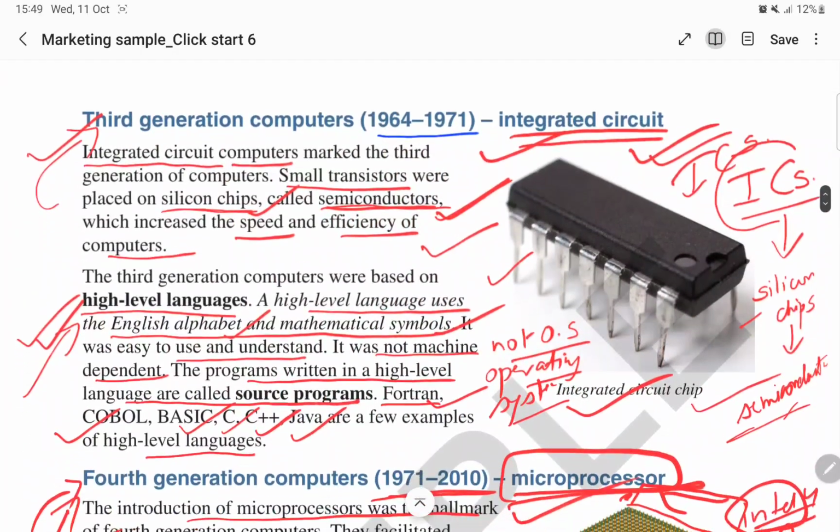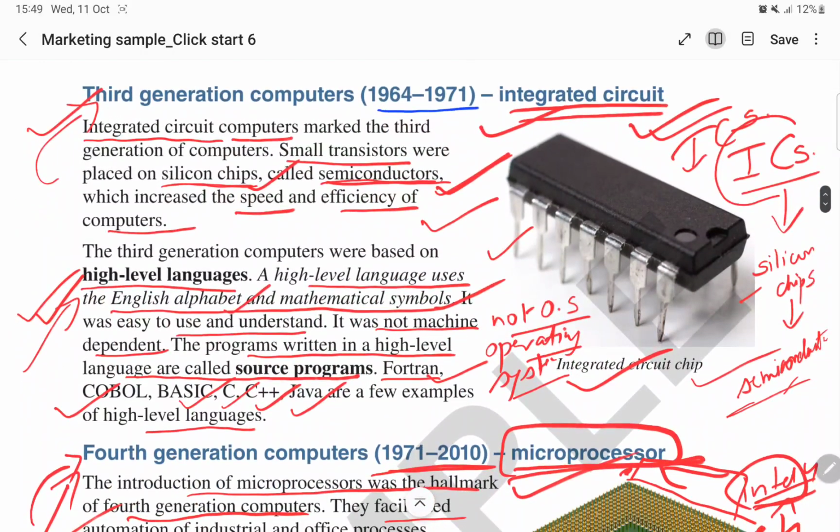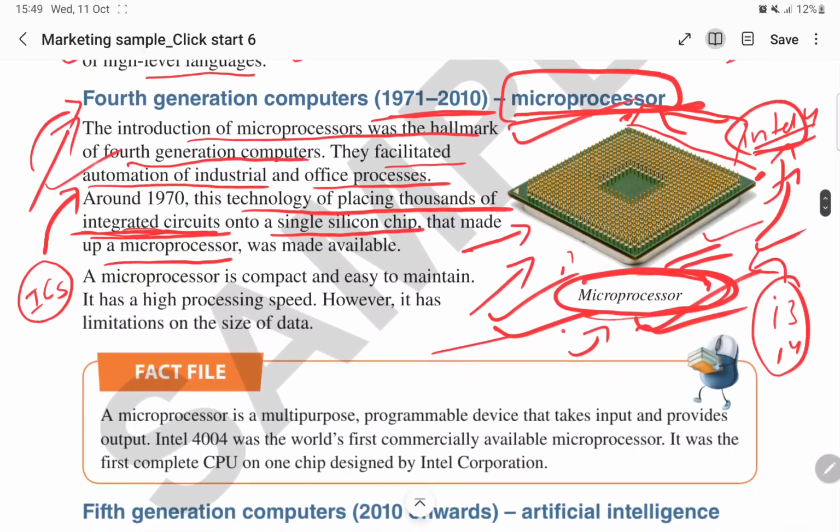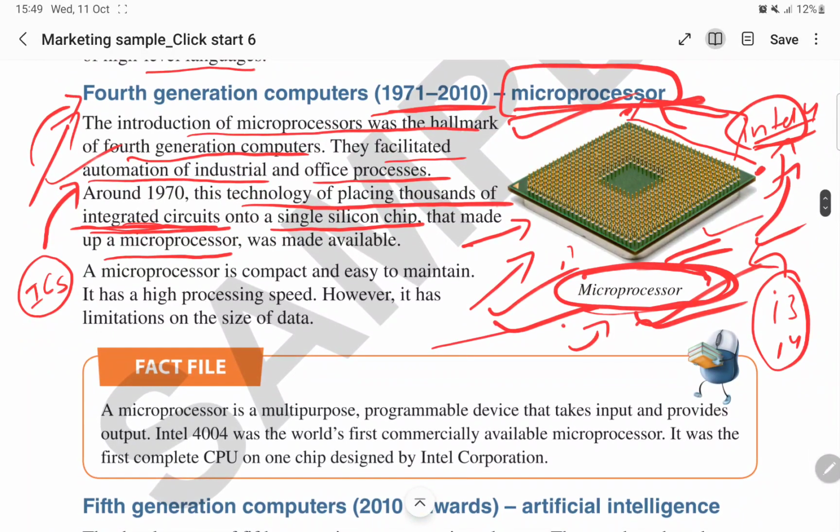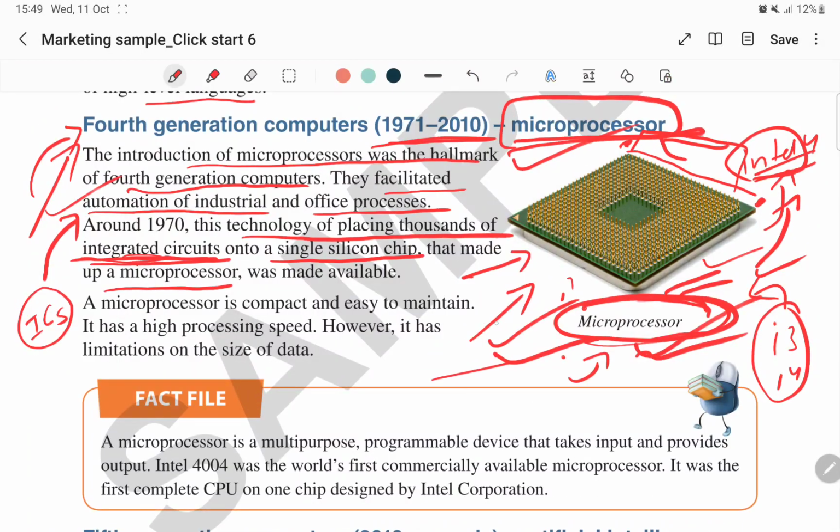ICs we have read about in the third generation, which was from 1964 to 1971. This is the figure of the IC which we have read earlier. On the microprocessor, on this green board, thousands of integrated circuits are placed.